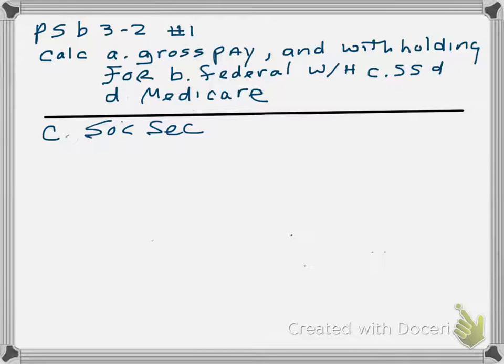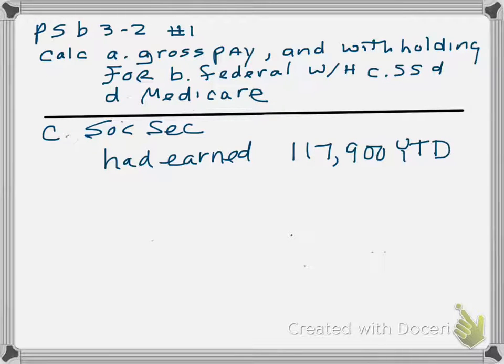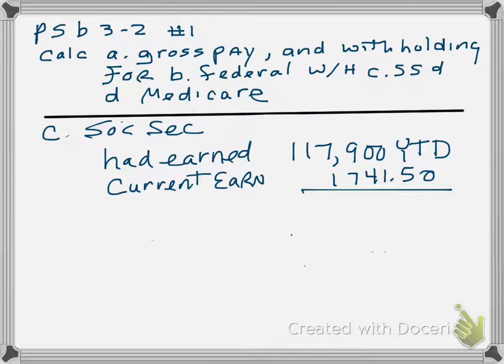Well, we were told that this employee had earned $117,900 year to date before this payroll. In this payroll, we have current earnings for Social Security of $1,741.50. So the total amount after this payroll is $119,641.50.